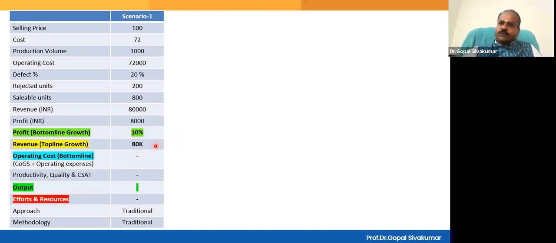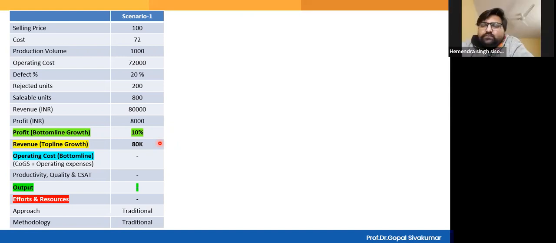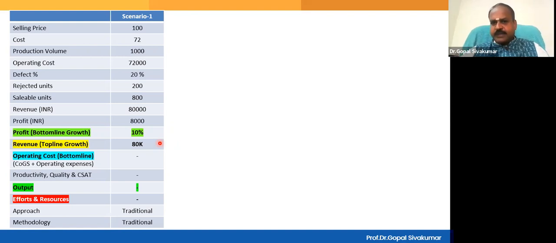And your revenue can be called the top line, because most of the time the revenue depends on the decisions made by the top level executives. They can double the production, they can expand the company, they can introduce a new product. All these things will directly impact the revenue. So we call it top line. Your top line is currently 80,000 and your bottom line, which is the profit margin, is just 10%.